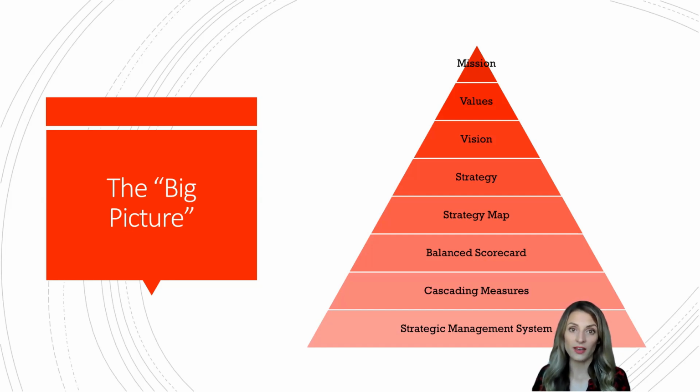From there, we have the department level and individual level measures, targets, initiatives, and activities that will help realize the strategy. At the very bottom of the pyramid, we have the strategic management system, which includes processes like budgeting and compensation.